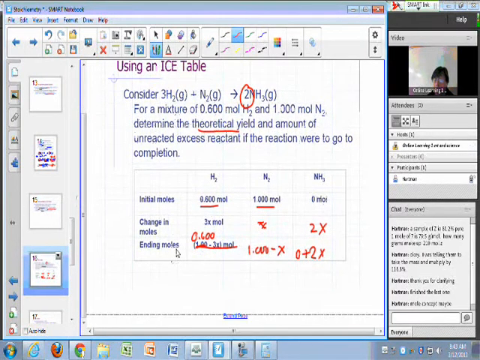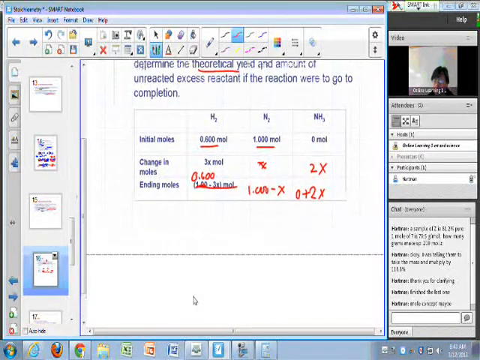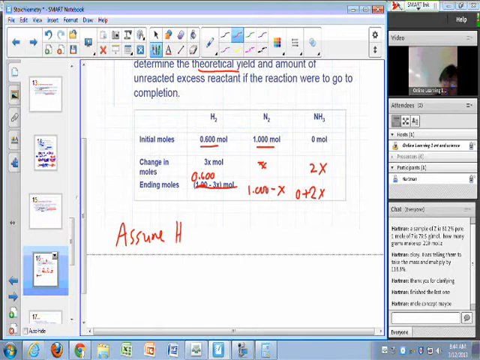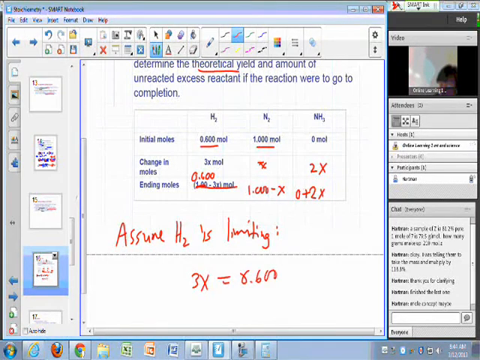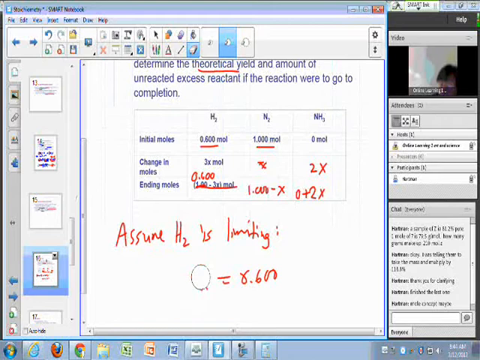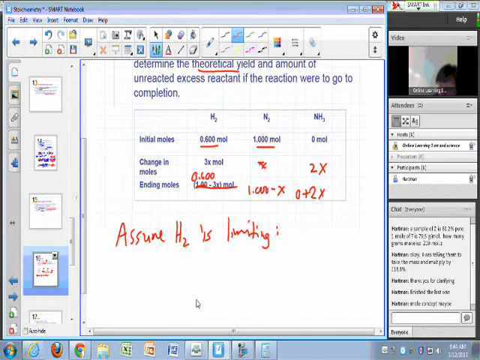All right? So you can assume H2 is limiting. Then 3x must be equal to 0.6. In other words, if you use up your H2, 0.600 minus 3x must be equal to 0 if it's limiting.